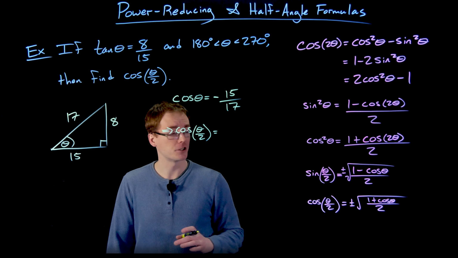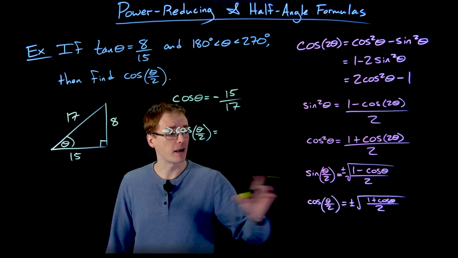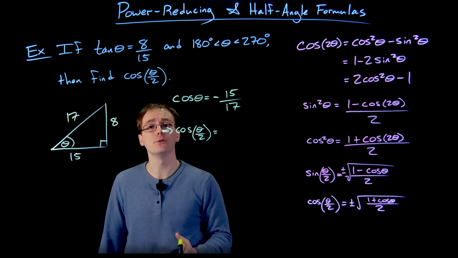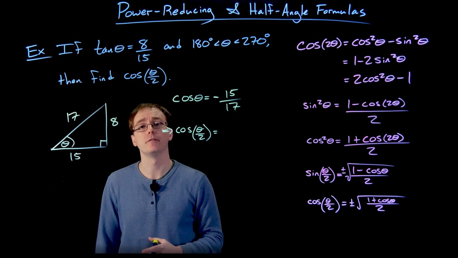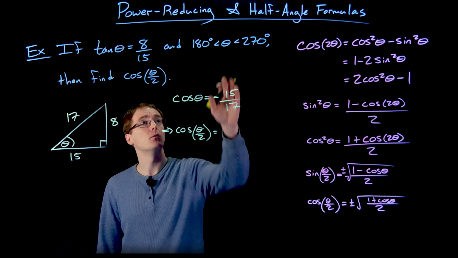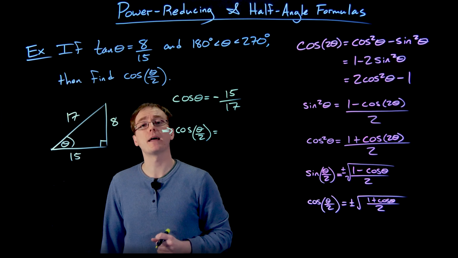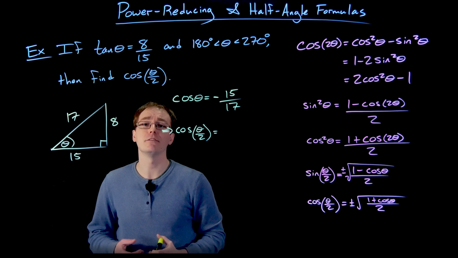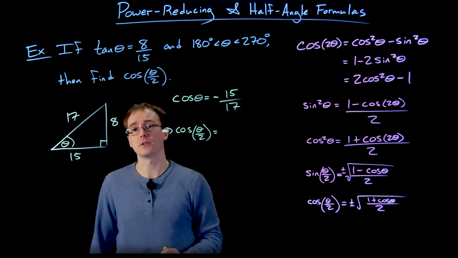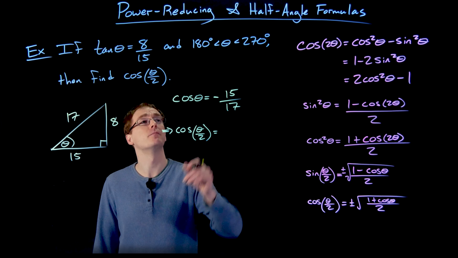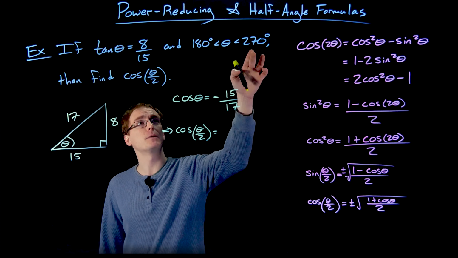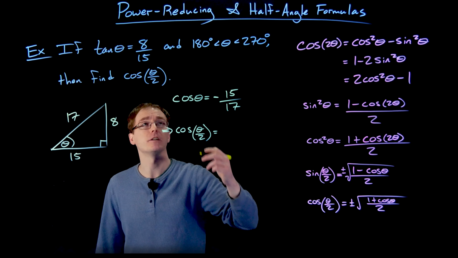The last thing we have to determine is whether cosine of our half angle, cosine of theta over 2, should be positive or negative. And to make this determination, we always have to use that information about the original angle that was given. And from that information, we can usually derive some information about our new angle of interest, in particular theta over 2. So we know theta has to be between 180 and 270 degrees.